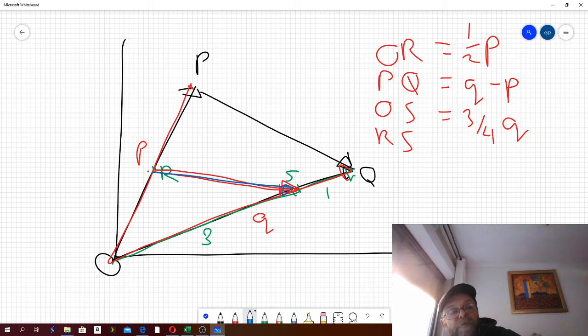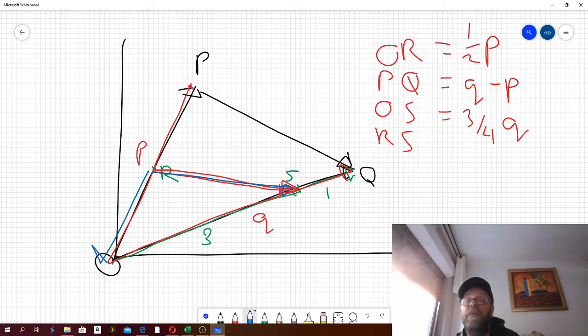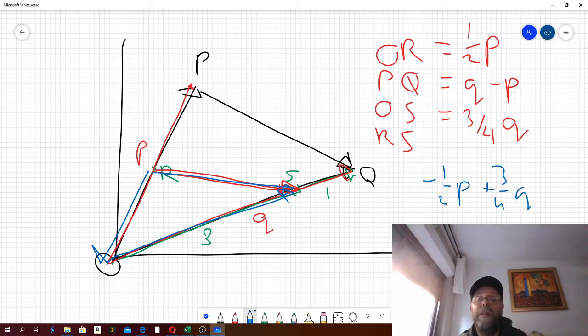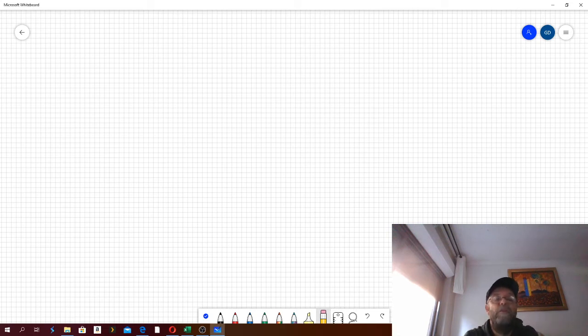One of the ways I can do it is firstly come down here, and OR we found was a half P, but going backwards along there would be minus a half P. And then I'm going forward over here, and that was 3/4 Q. So there is the RS vector in terms of vectors that I already know. Or you could write that as 3/4 Q minus a half P. I hope that makes sense. That should give you enough information to try and do all the way up to number 10 in that first section.